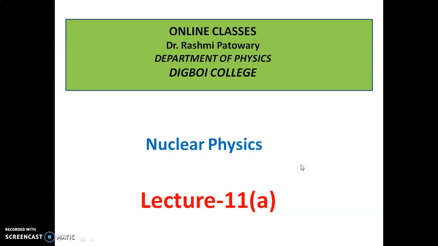In our last class we had started nuclear reactions and we had looked at conservation laws followed by nuclear reactions. We have looked at the different types of nuclear reactions, and now we move on to the kinematics of nuclear reactions, which will give us an idea about the energy emitted and what the expressions are for the energy which has been absorbed and which has been emitted in nuclear reactions.